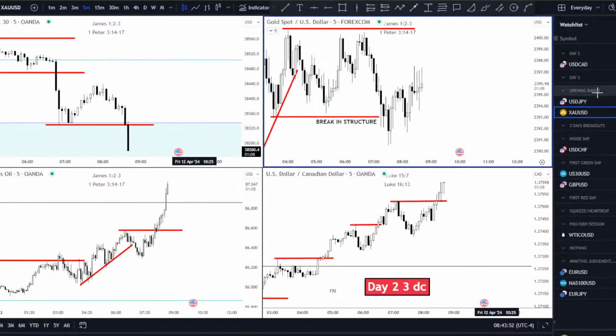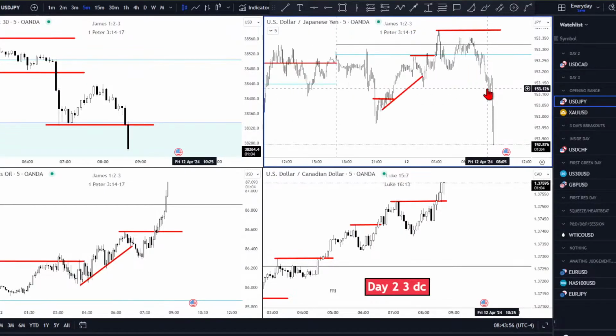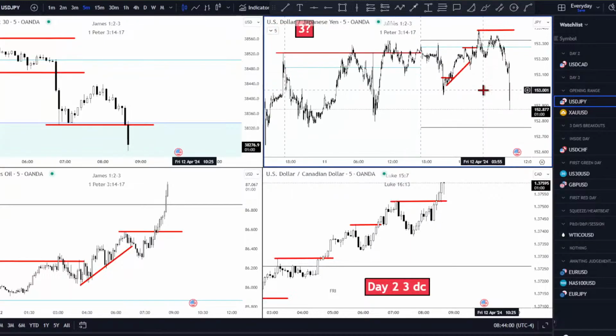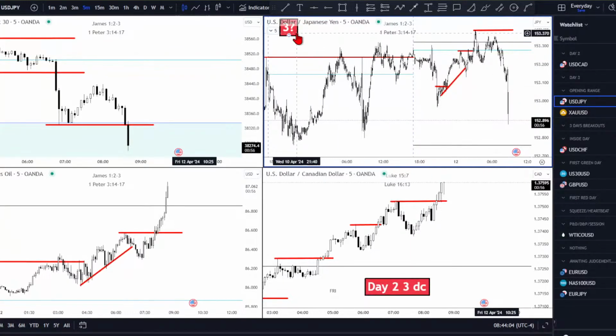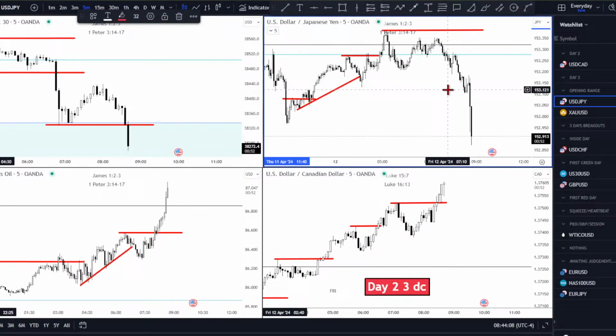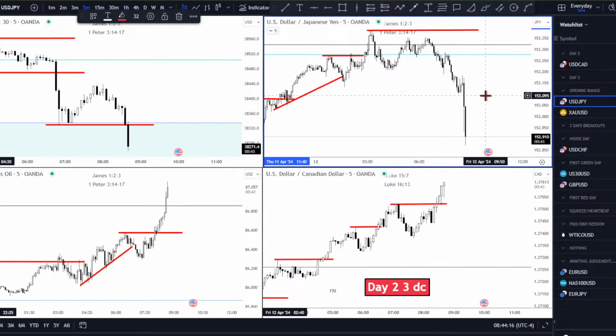Dollar yen is gone. Where's it going? Oh. Nice. Well, 3 question mark was correct. At least I got the levels correct. But looks like we waited a little too long. No big deal.